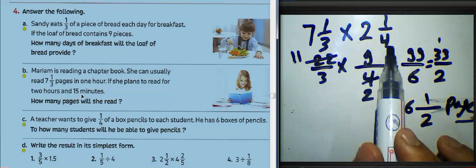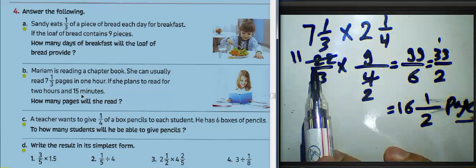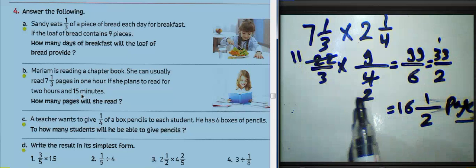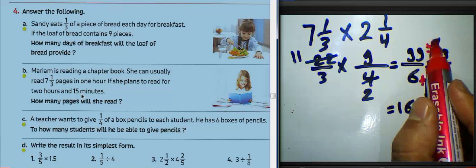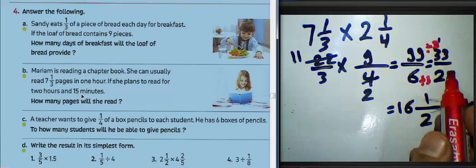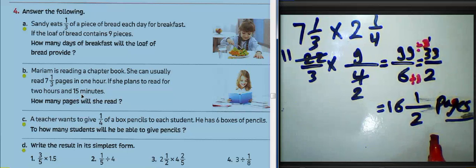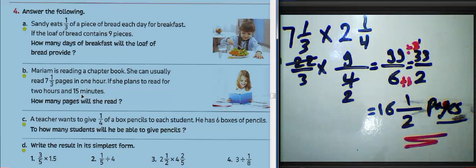We convert: 2 times 4 equals 8 plus 1 equals 9, and 3 times 7 equals 21 plus 1 equals 22. 22 divided by 2 equals 11, and 4 divided by 2 equals 2. 2 times 3 equals 6, and 9 multiplied by 11 equals 99. 99 divided by 6, we simplify by dividing by 3: 6 divided by 3 equals 2, and 99 divided by 3 equals 33. 33 divided by 2 equals 16, and the remainder 1. So she will read 16 and a half pages.